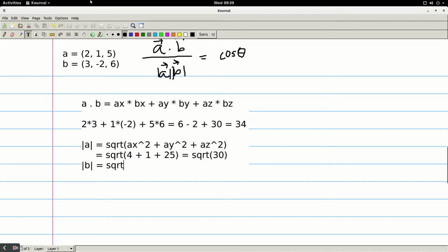It's going to be square root of 9 plus 4 plus 36. And you said 49, right? Yeah, 49. That's exactly what it is. So we got the magnitude of these two vectors. Can we put everything together to find out cos theta?